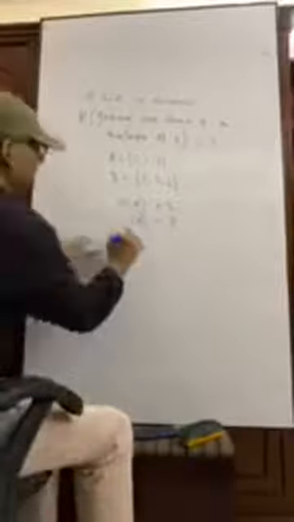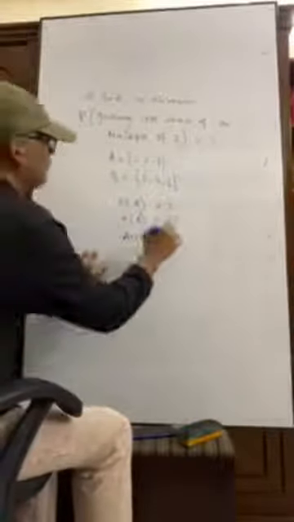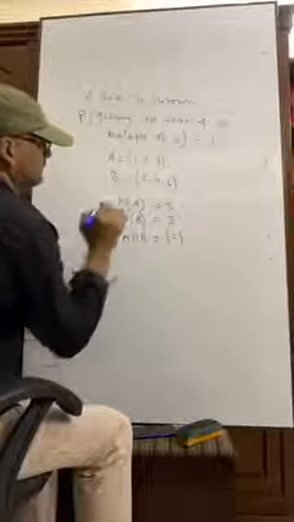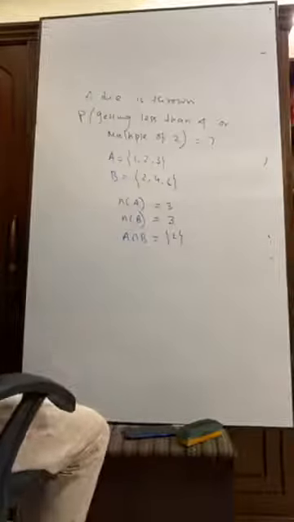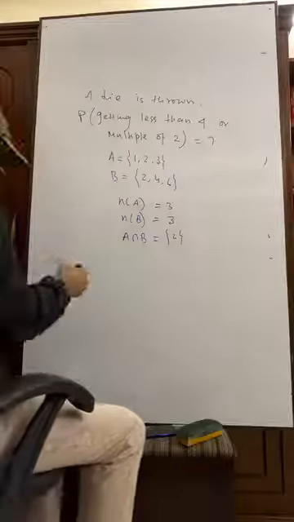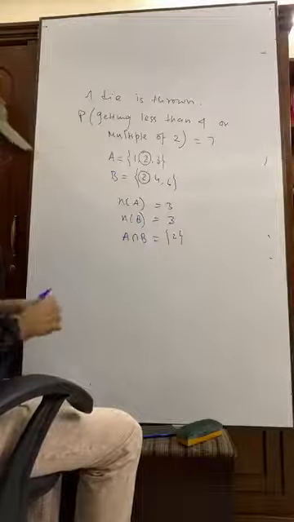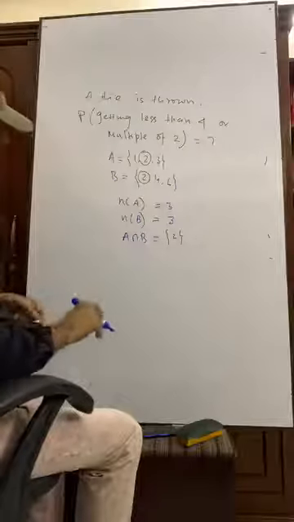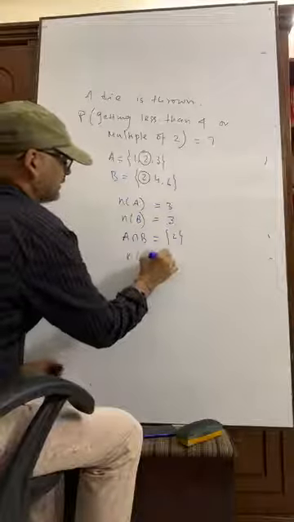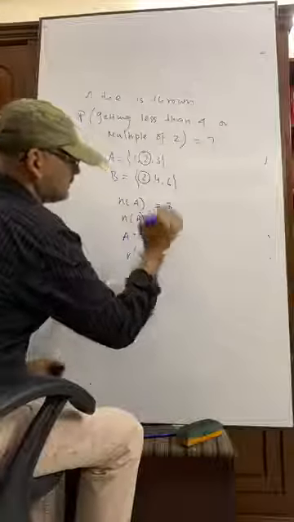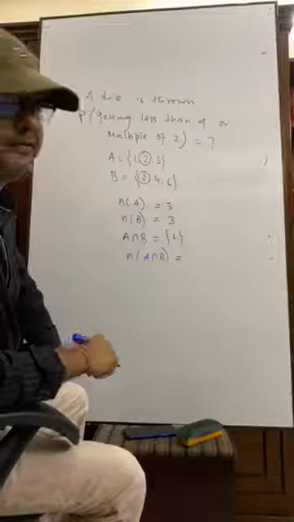So A intersection B is equal to only 2. This 2 is the intersection. So what is n of A intersection B? It is 1.